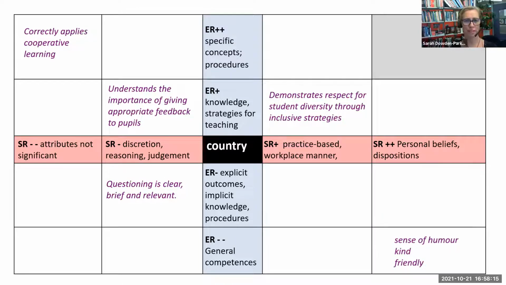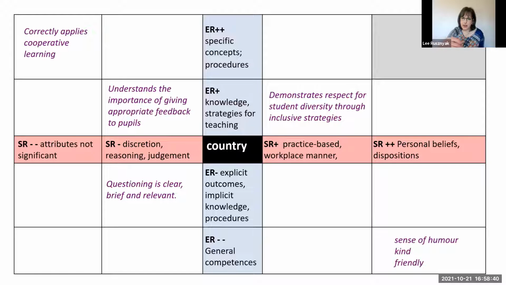But it depends on the inclusive strategies you're talking about. So maybe it's a kind coding. Maybe we think too much about teacher education to think that they really have knowledge about inclusive strategies. That could be different. The strategies there weren't implicit. They were actually stated.